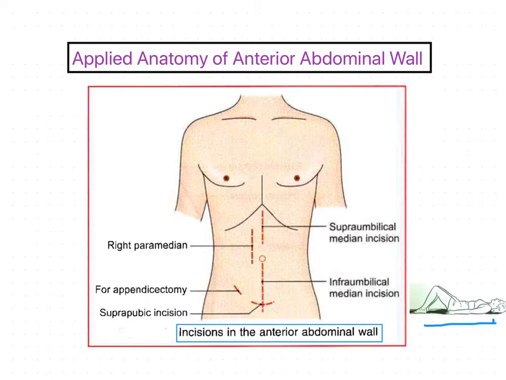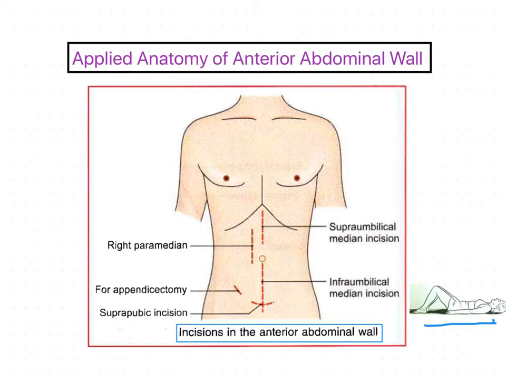Such a thing happens if there is a lack of exercise. So what happens during lack of exercise? The tone of the muscles of the abdominal wall decreases, leading to visceroptosis.